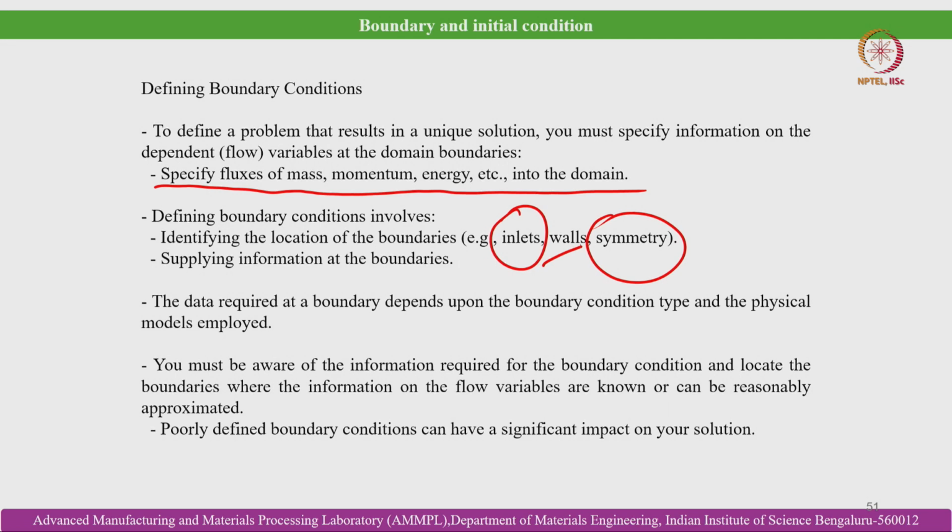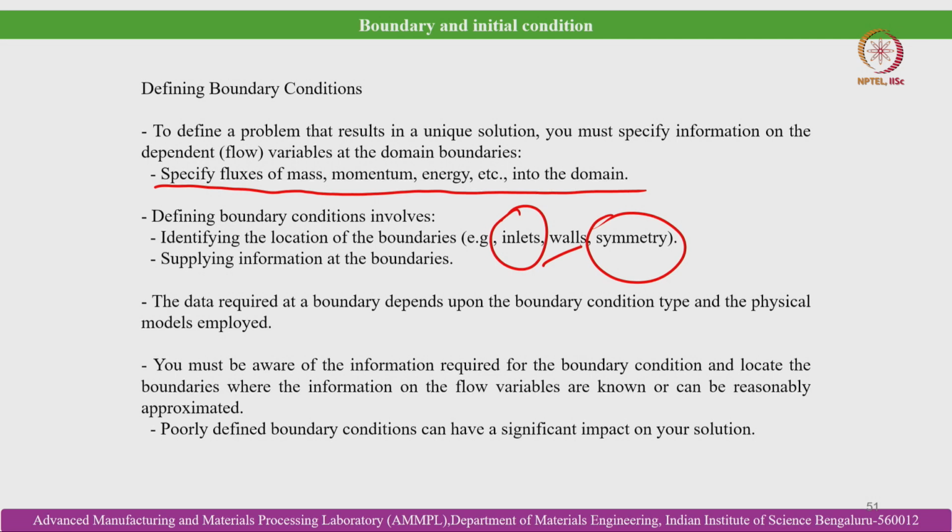The data required at a boundary depends upon the boundary condition type and the physical models that are employed to solve the flow and the heat and mass transfer problem in hand. One must be aware of the information required for the boundary condition and locate the boundaries where the information on the flow variables is known or can be reasonably approximated.